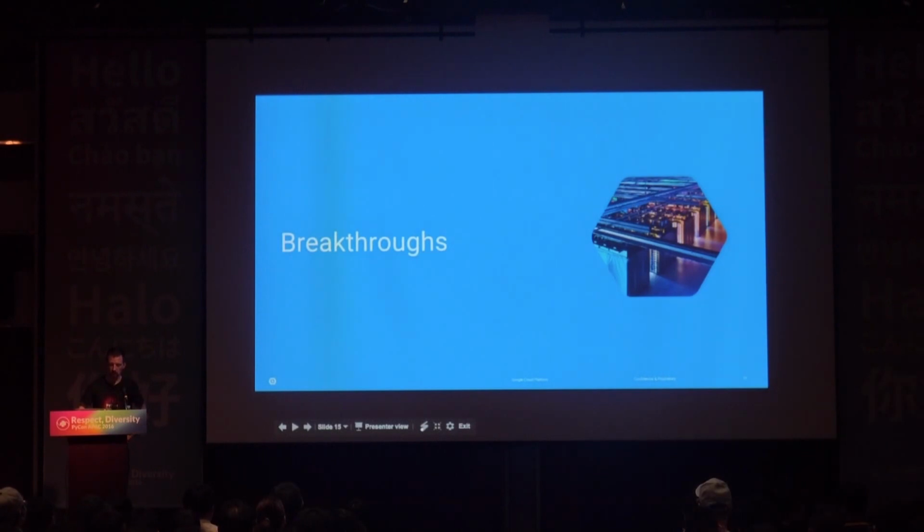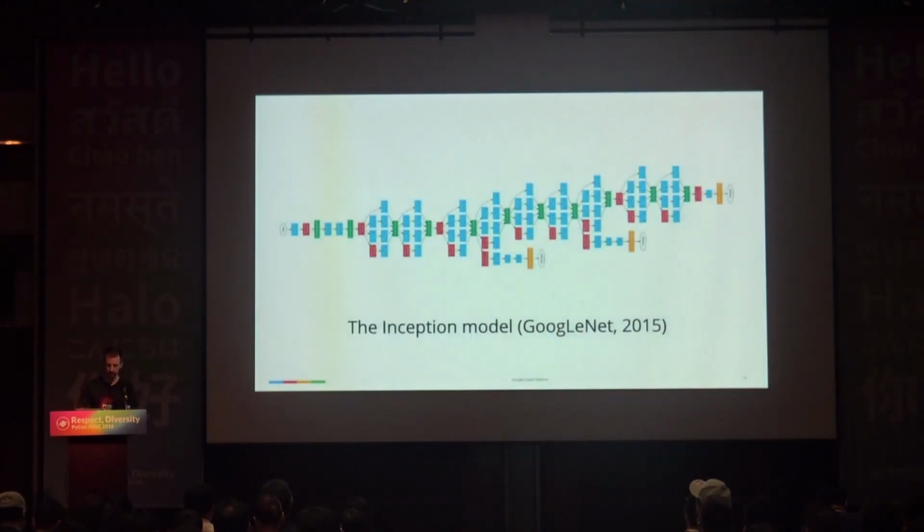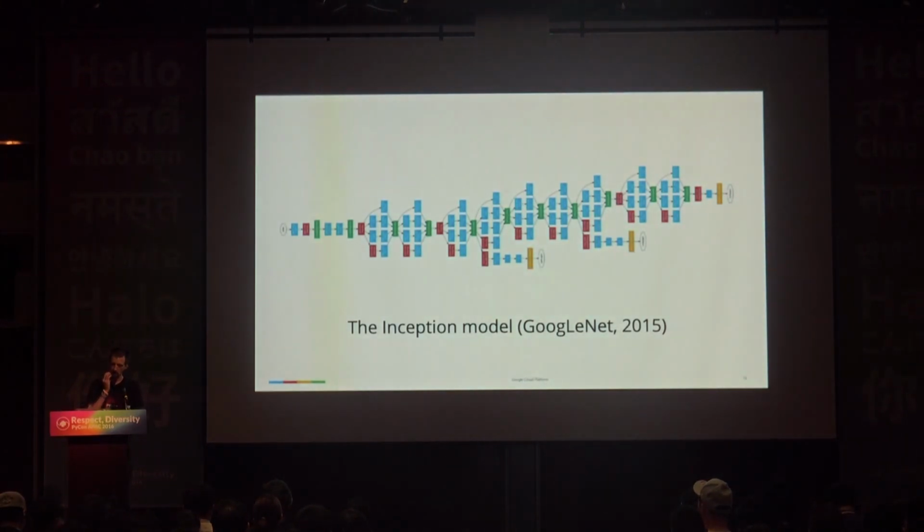So the next thing is, why are we talking about neural networks now? Why is this a really hot topic recently? I would argue that this is because of a number of breakthroughs in machine learning that have happened recently that basically allow us to get much more useful things done. This is a neural network, not typical, that was developed at Google in order to classify images.